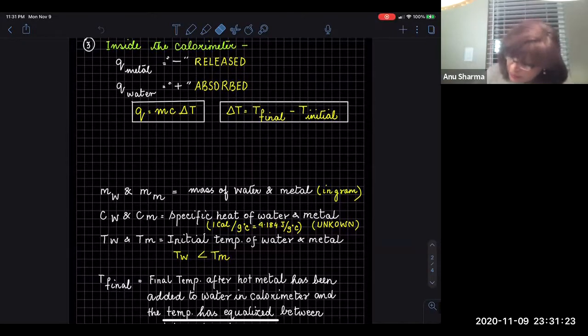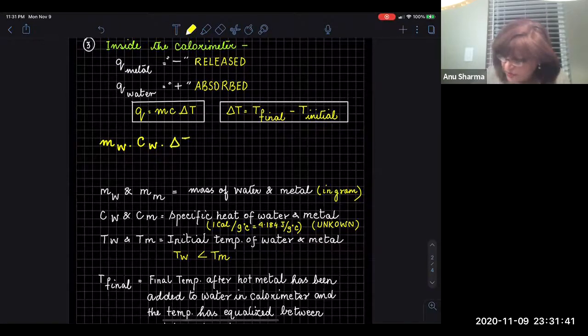So the amount of heat, let's say this is the mass of water times the specific heat of water times the change in temperature. The change in temperature is the final temperature minus the initial temperature on the water side.